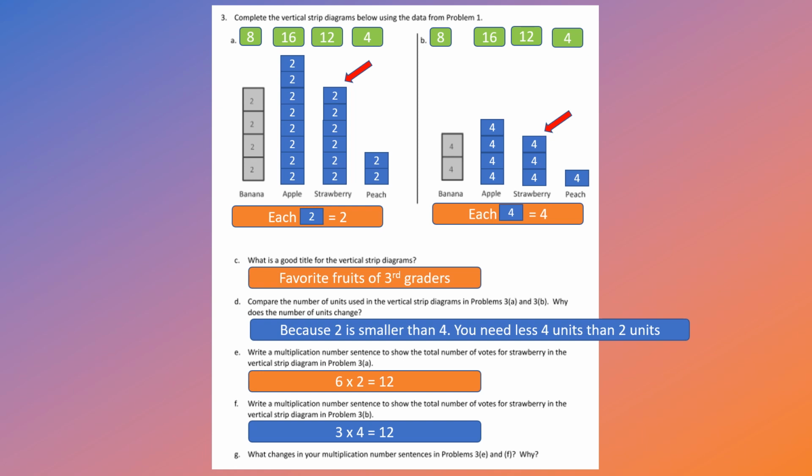Now, the product for both of our multiplication number sentences is 12. So the product does not change. But the factors that we're multiplying do change. All right? So when you write your explanation, it should look something like this. The factors, which are the numbers we multiplied, change because the units that we're counting by change.